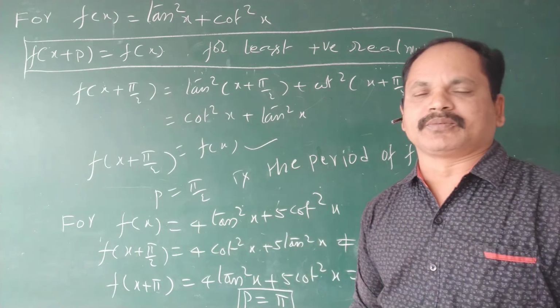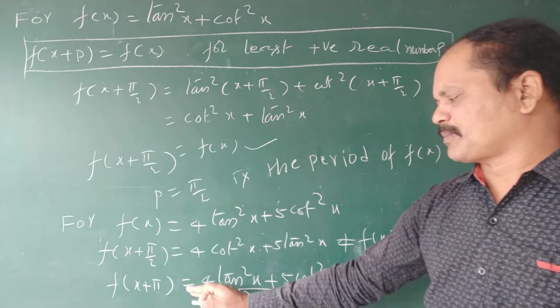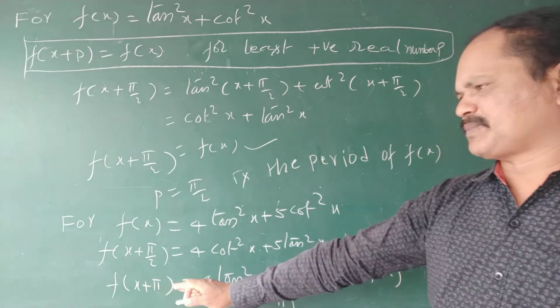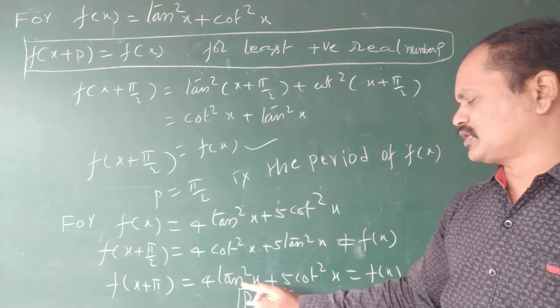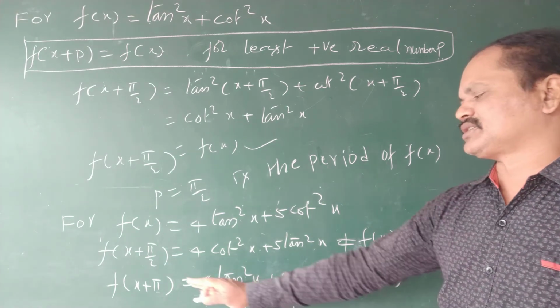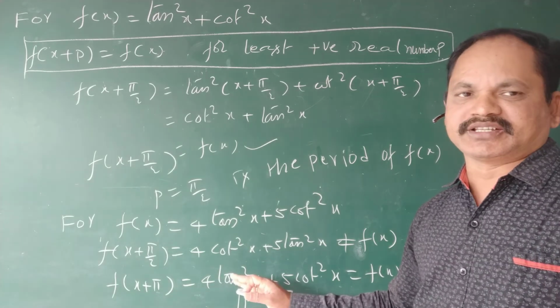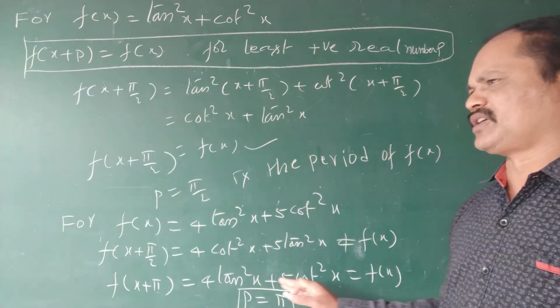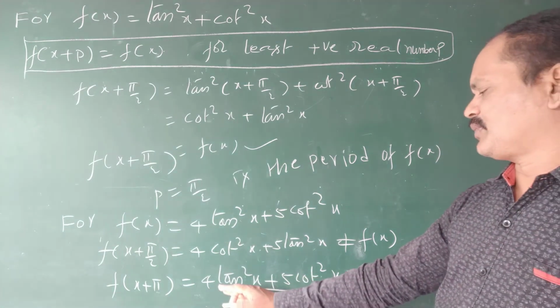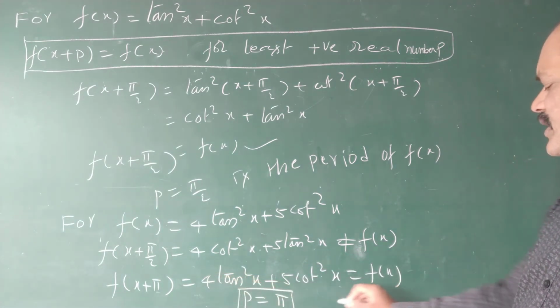The period of the function is pi, since f of x plus pi is equal to 4 tan square x plus 5 cot square x. Since tan square of pi plus x is tan square x and cot square of pi plus x is cot square x, the same function will be there. That's why if a is not equal to b, the period is pi.